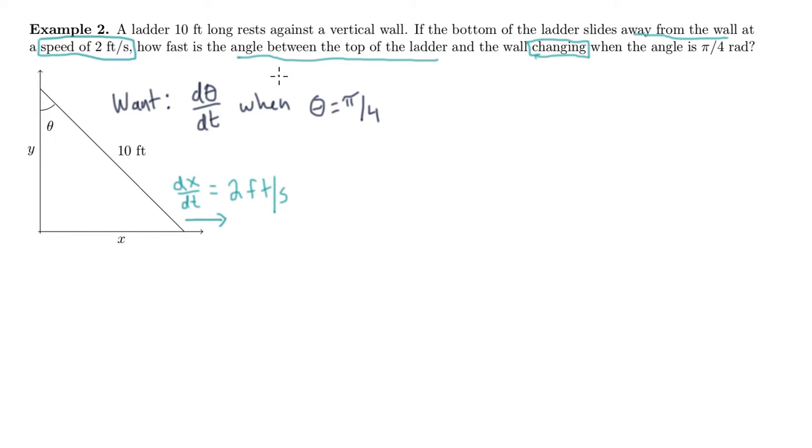So now my goal is to relate the relevant quantities. Now I know dx dt, and I'm looking for d theta dt. So I need to relate x and theta. But notice that this is a right triangle. That's kind of the key observation.